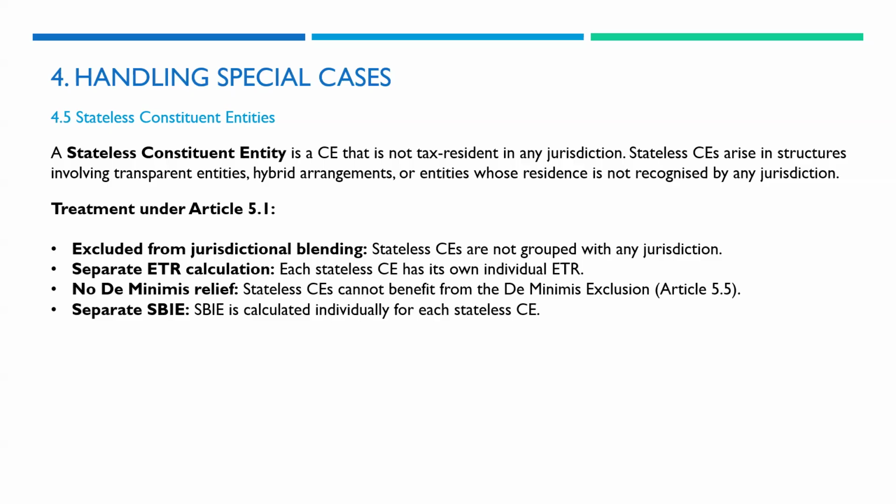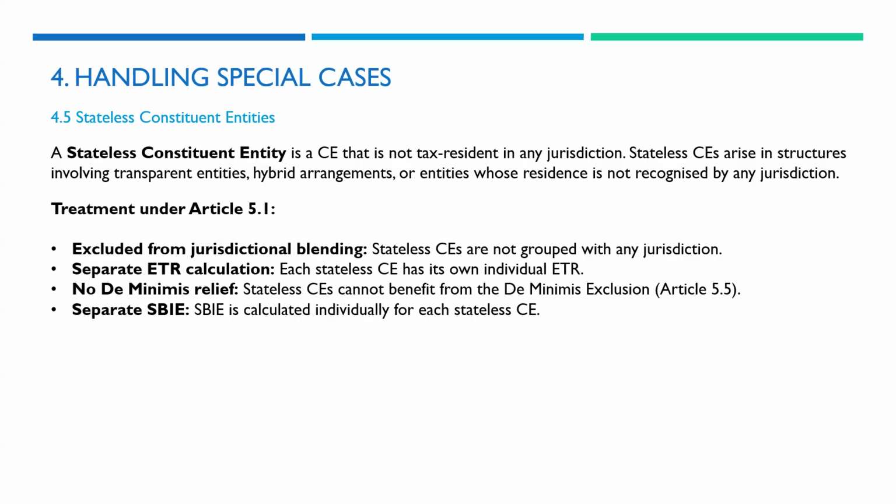Each stateless CE should be calculated separately, and each has its own individual ETR. And there is no de minimis relief. We will explain this later. Stateless CEs cannot benefit from de minimis exclusions, and there would be a separate SBIE. SBIE means substance based income exclusions. You learn payroll and assets, that all should be calculated individually for these entities.